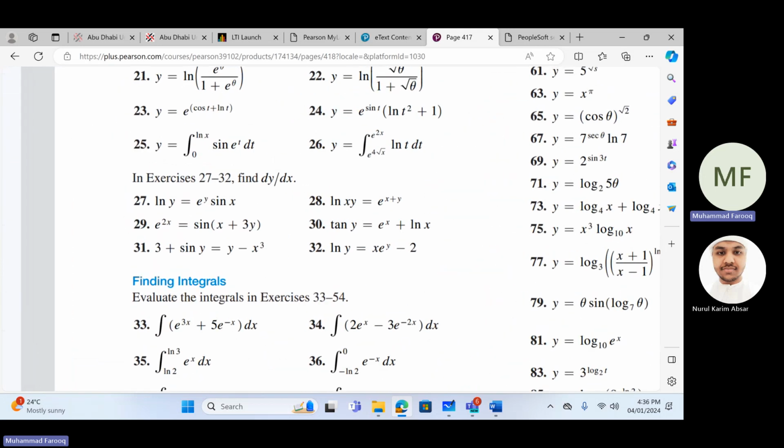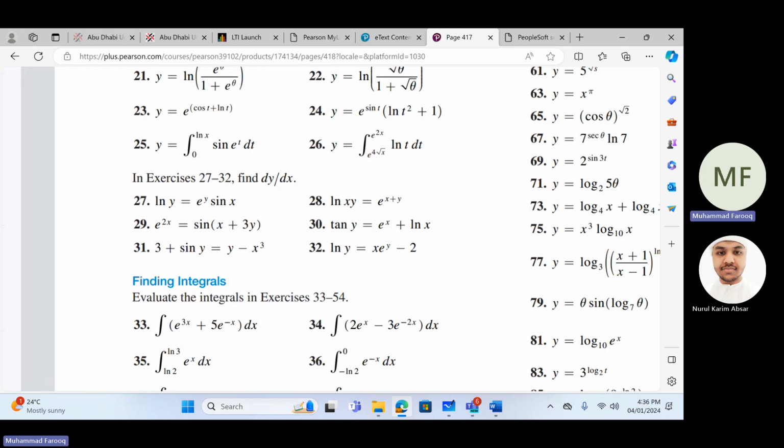Regarding differentiation, questions 27 to 32 are some special questions. There are 6 questions, and we need the derivative. All are implicit, by the way.